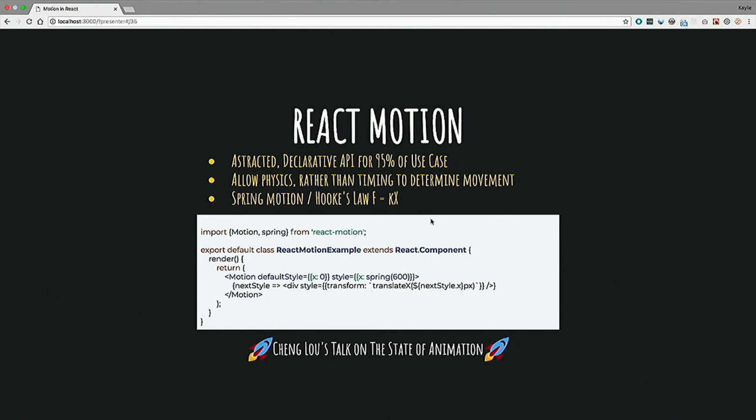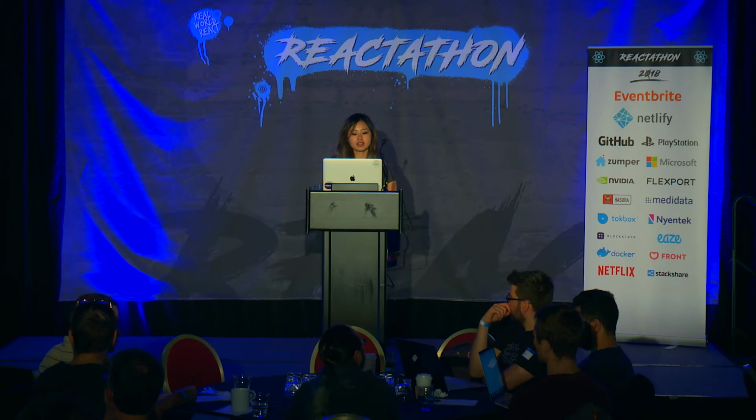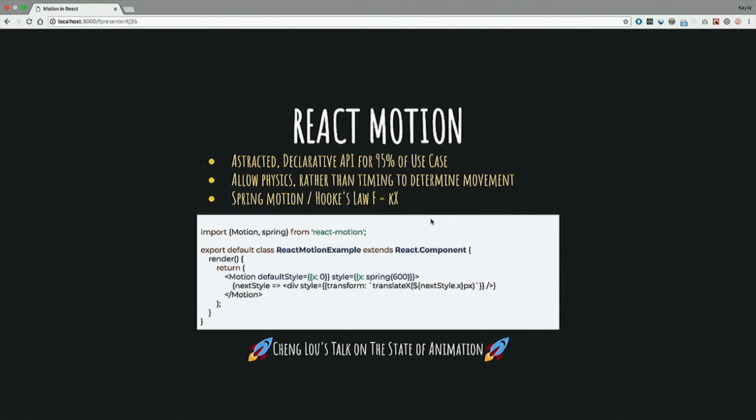And the one that he picked is spring motion, or in physics, Hooke's law, which basically says that there is a predictable relationship between the distance and the force you apply to the spring and the stiffness, or the attributes of that spring itself. So if you look at the code here, the React Motion component has a reduce-like API where you give it an initial value called defaultStyle.